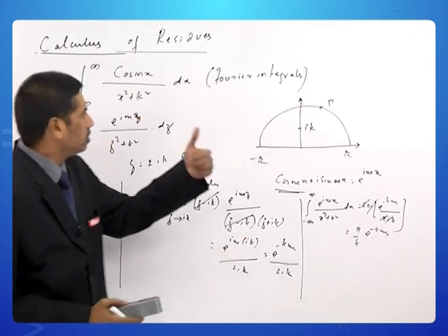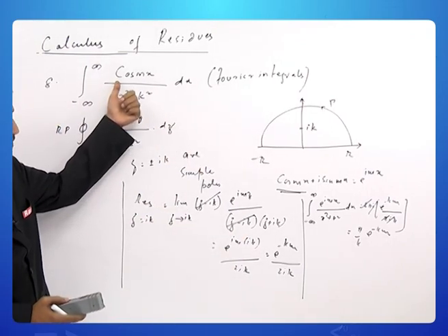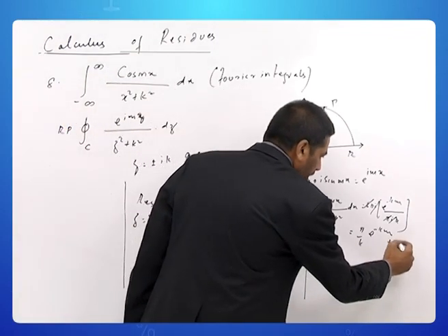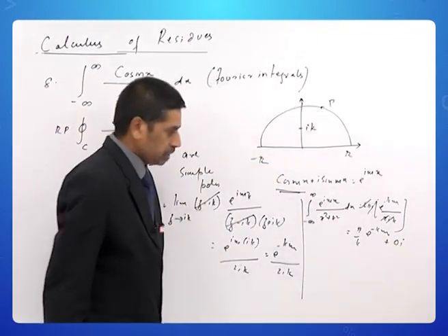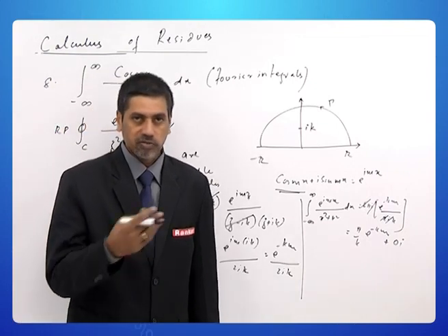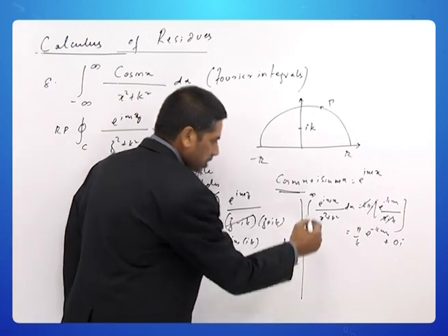But our problem is a cos integral. Therefore, you must take only the real part of the output. So, if you add to this 0i, then actually we are attacking two problems. We are attacking the cosine problem as well as the sine problem. Let us see both the results.